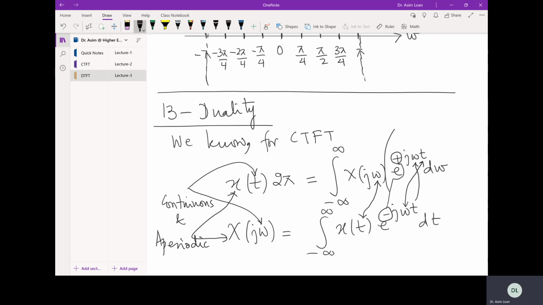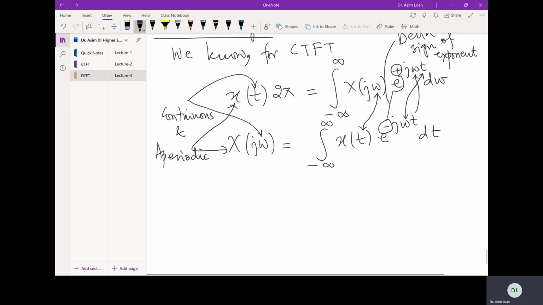So we said if x of t has a Fourier transform x of j omega, then x of t has a Fourier transform 2 pi x of minus omega.